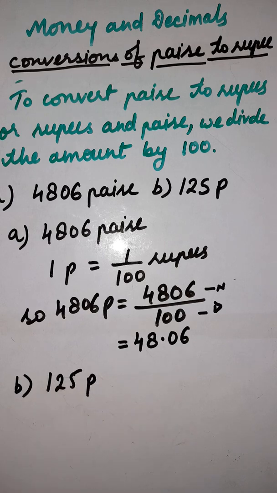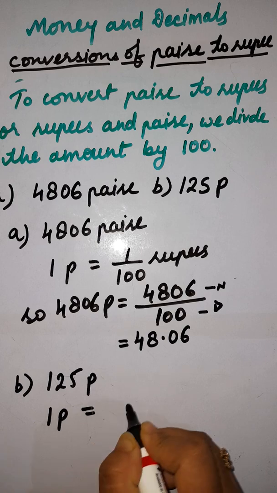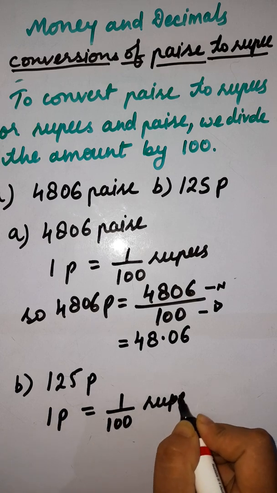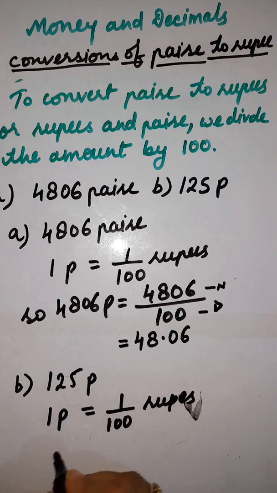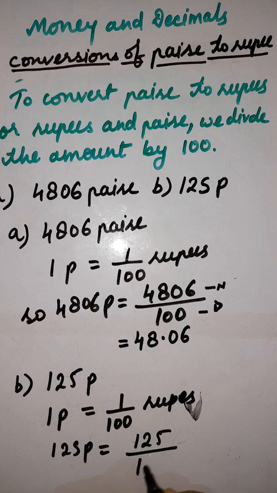125 paise. So we know that 1 paise is equal to 1 out of 100 rupee. So 125 paise is equal to 125 out of 100. So here also 2 zeros, so we'll put the decimal point before 2 digits. Just count the digits, 1, 2.